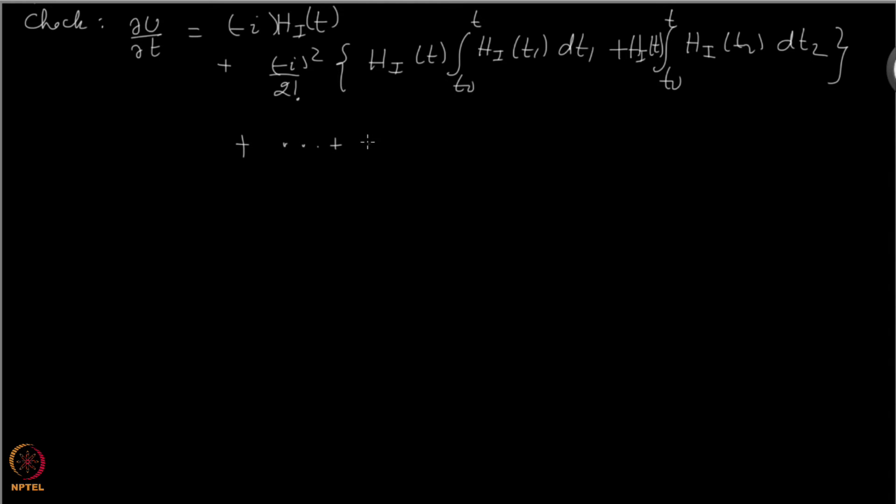Plus, then you get minus i to the n over n factorial, and then you will have Hi of t, and then instead of one such factor you will have n minus 1 factors.